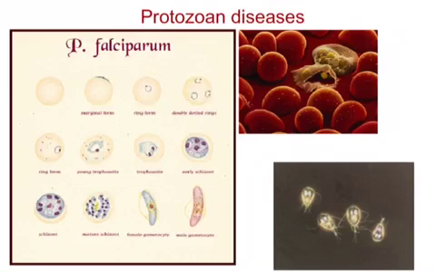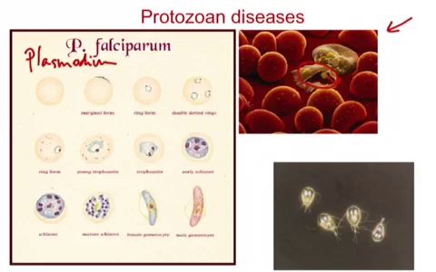You can see some diagrams of the various forms that this particular protozoan takes. So Plasmodium falciparum exists in a number of different forms in its life cycle. This photo here shows one stage of the Plasmodium destroying a red blood cell and then getting ready to leave the red blood cell, and we'll see this in the life cycle shortly.